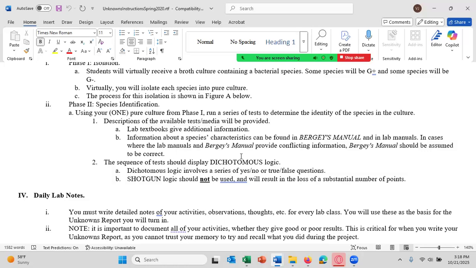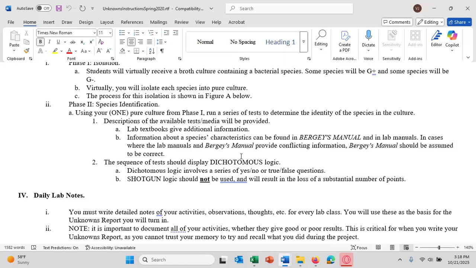Go to a good site and then verify the results at another site, because anyone puts up anything on the internet, so you could get incorrect results or incorrect interpretation. So if you use the web, verify that it's correct.